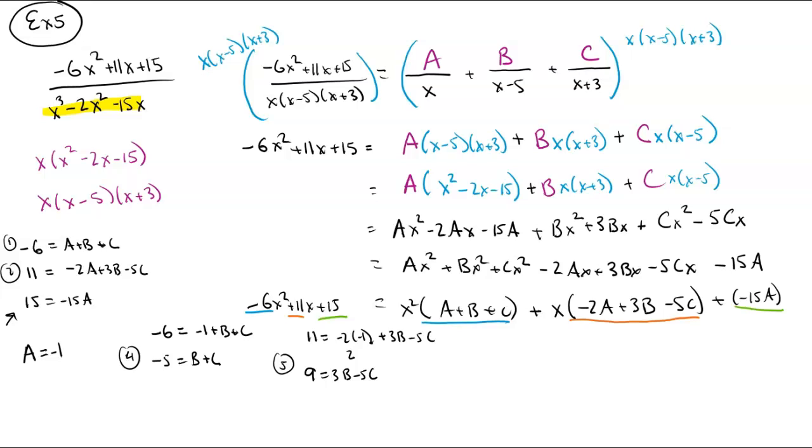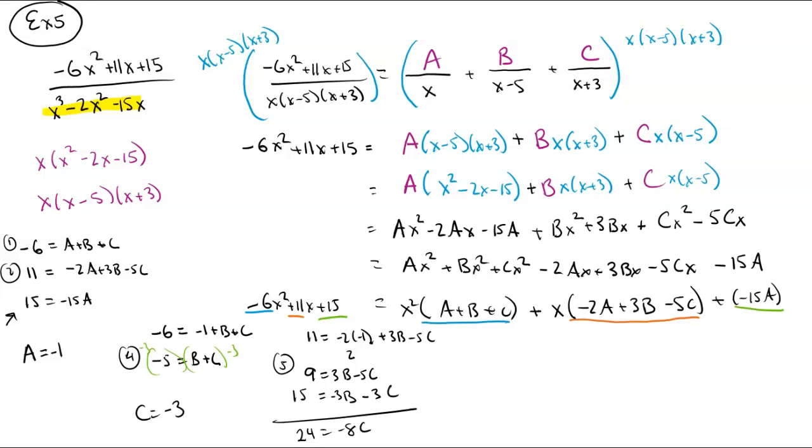I think I am going to eliminate my b's. So I'm going to multiply both sides by negative 3. And that would give me a positive 15, negative 3b minus 3c. So that will give me a 24 is equal to negative 8c. So c is equal to negative 3.